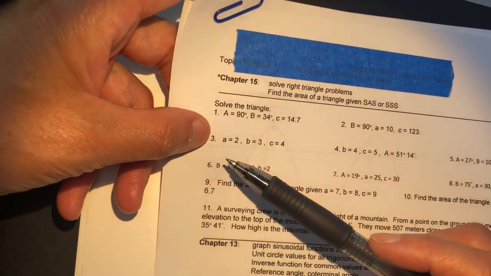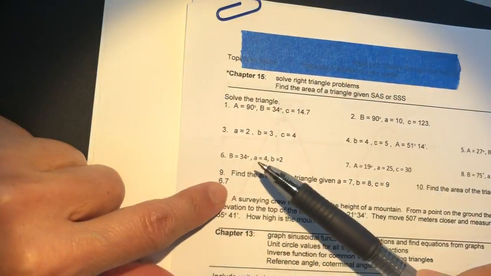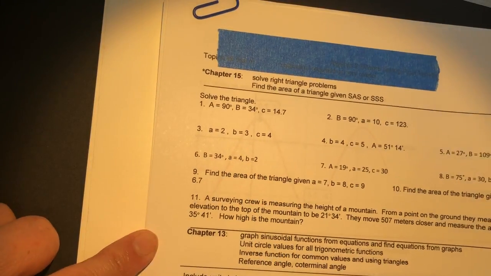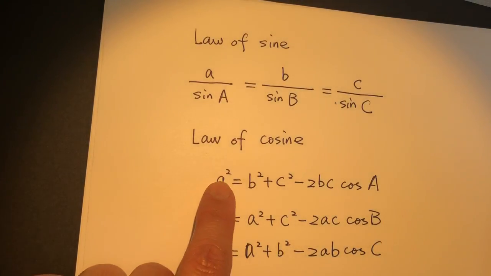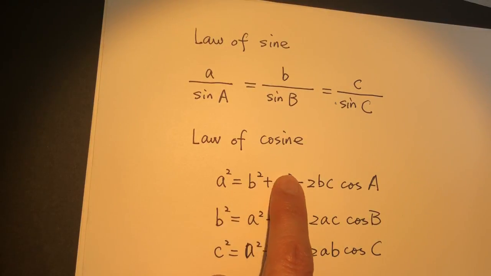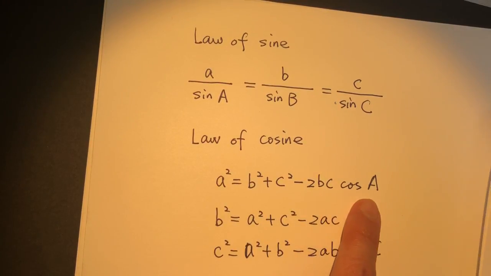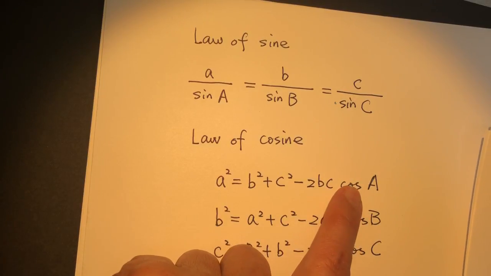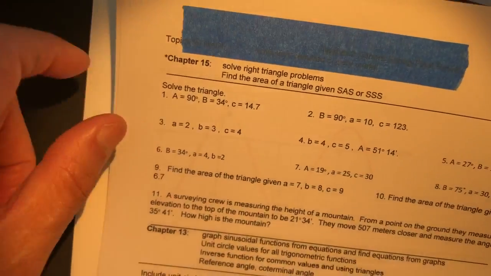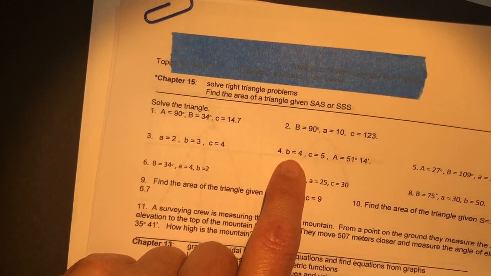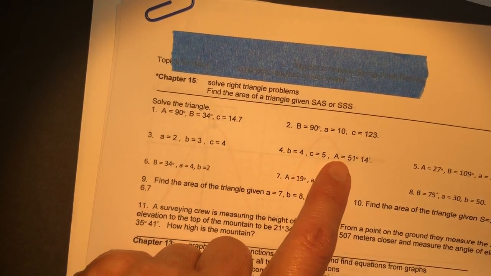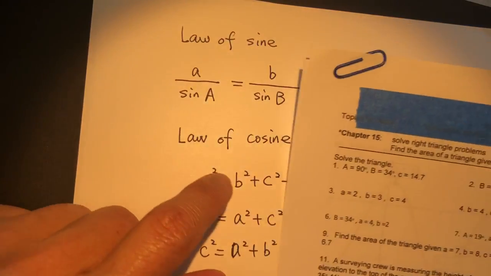So the first problem, number 3, we know a and b and c, 3 known. So we can use law of cosine to figure out the angle. There are only sides, no angle, so we can figure out the angle, right? And question number 4, we know BC and a side angle.